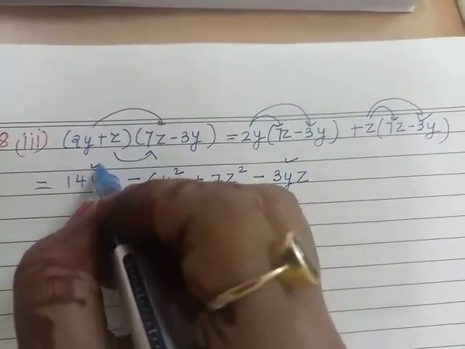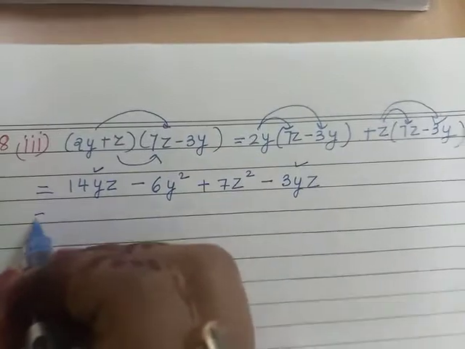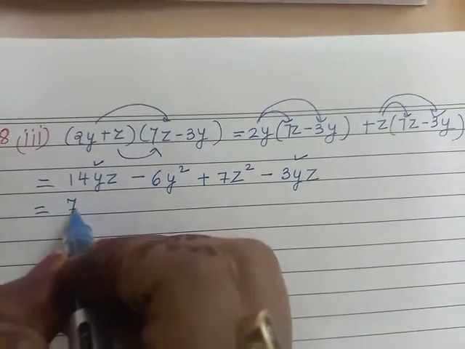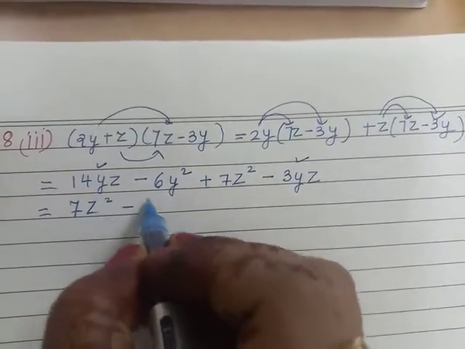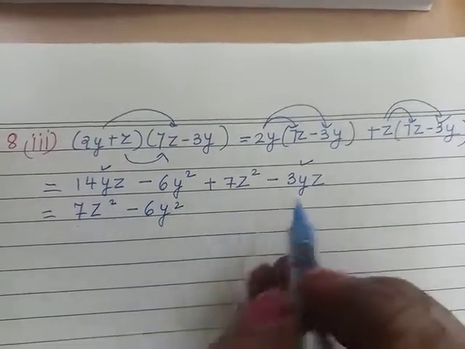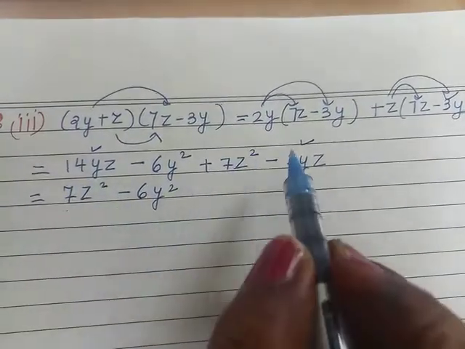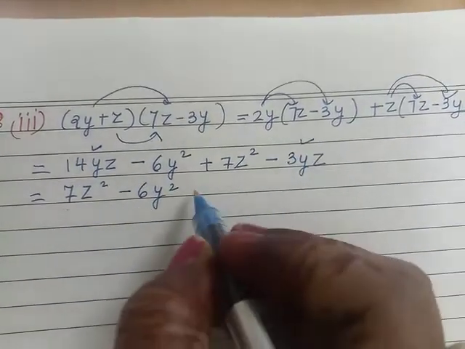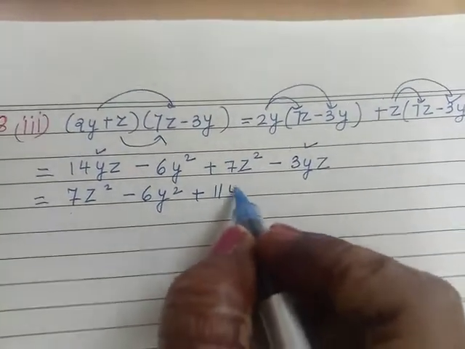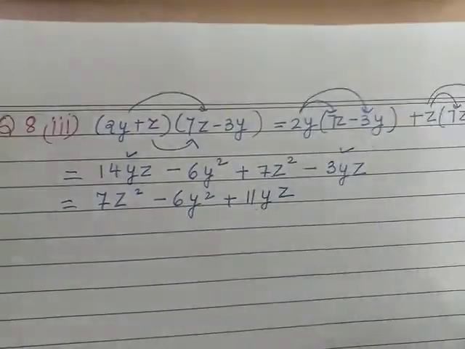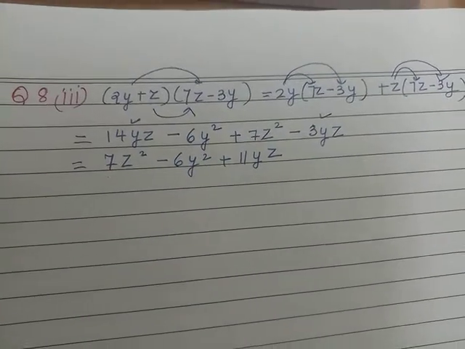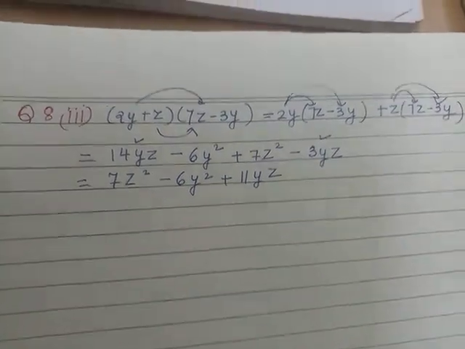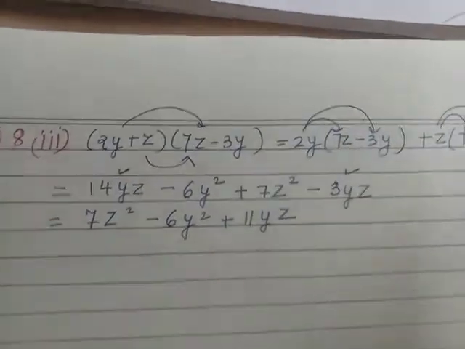As these two are like terms, so we'll solve them. The rest we write as it is, that is 7z square minus 6y square plus 14yz and minus 3yz will give you plus 11yz. So question number 8, third and fourth part you have to do.